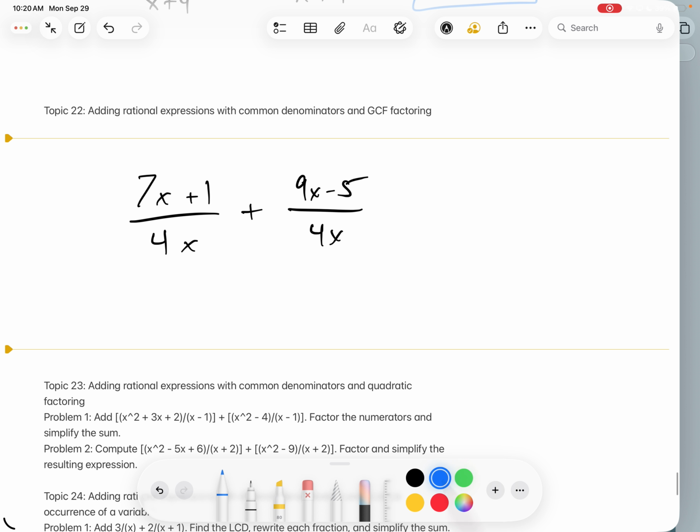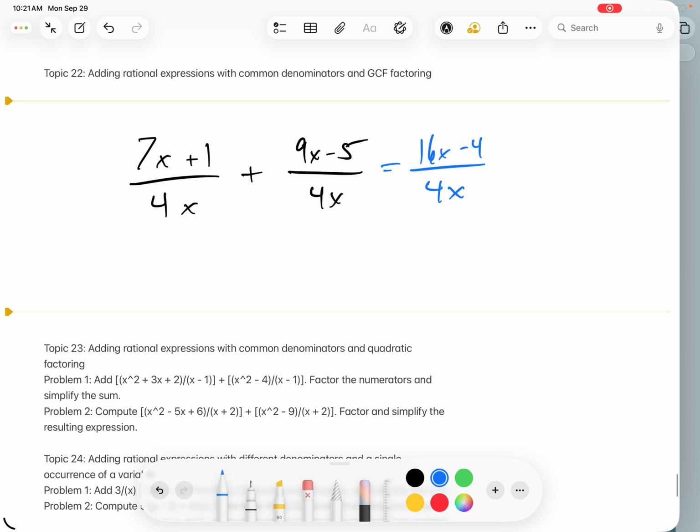All right, so nothing different here. Same denominator, so you just use the same denominator. 7x plus 9x is 16x. 1 minus 5 would be negative 4. Now what happens here is you can simplify. You always want to check. The top, I take out a 4 on the top and get 4x minus 1.